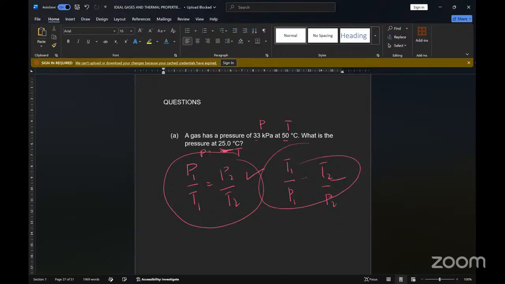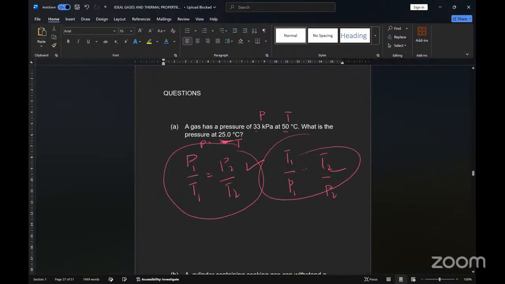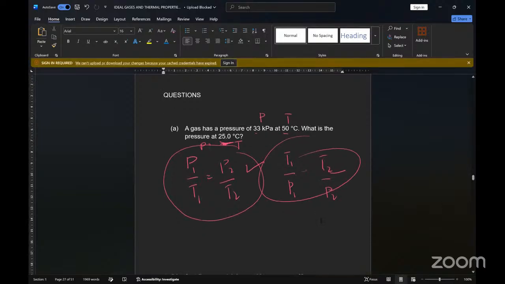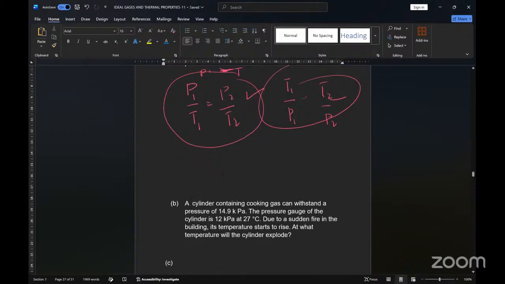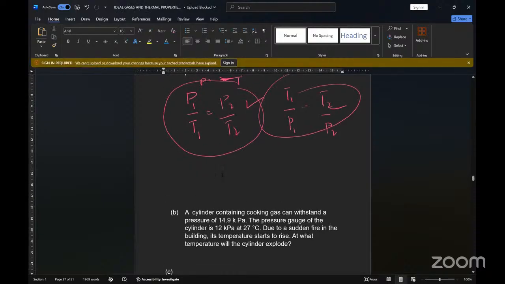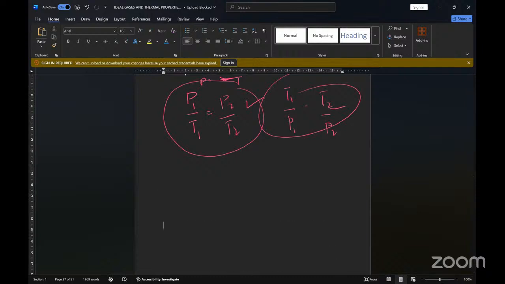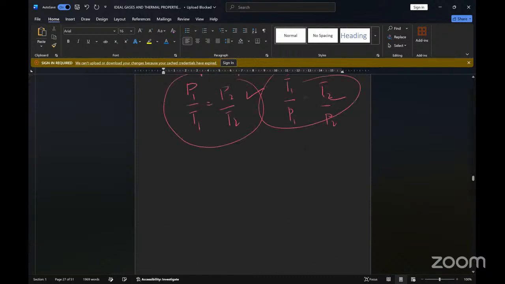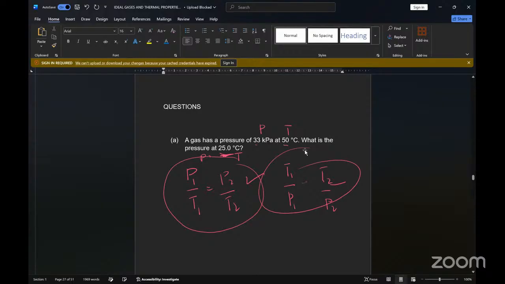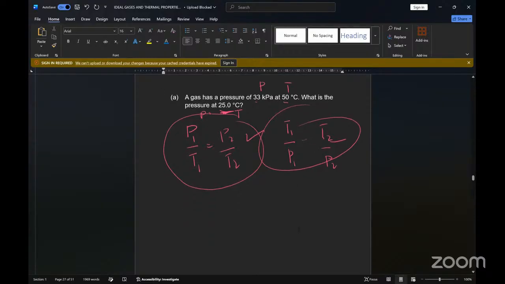So you can do it like this or that. Basically, it's the same thing. Mathematically, it is sound. So let's try to fit in the information that we have, and then we'll see how the question is going to be. So your P1 is 33 kilopascals.